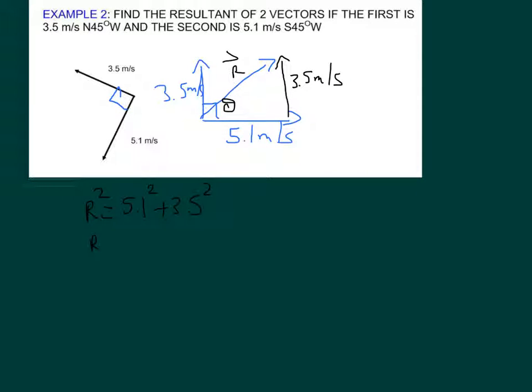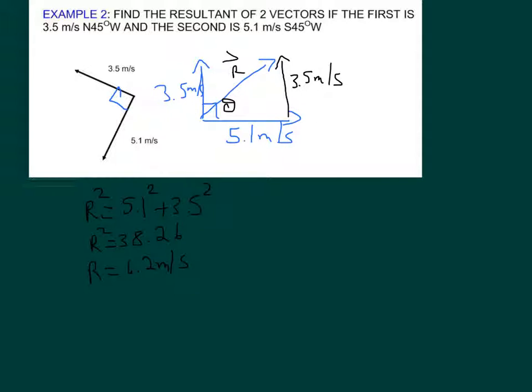So here we end up with r squared equal to 38.26, if I've done my calculations correctly. Taking the square root of that gives us 6.2 meters per second, and that seems like a reasonable answer.